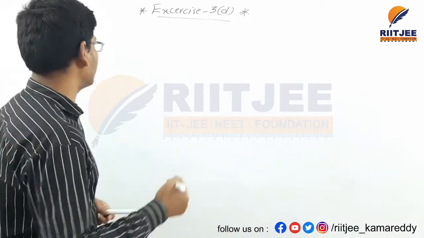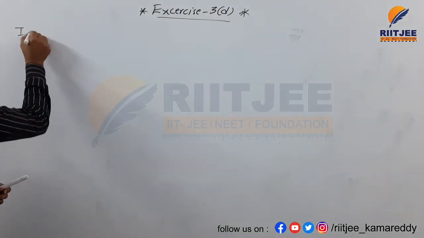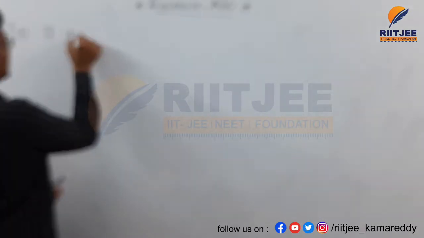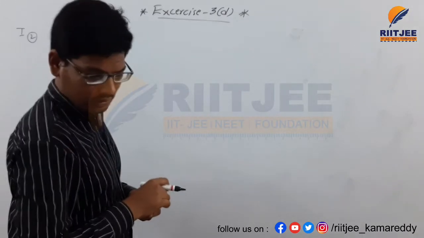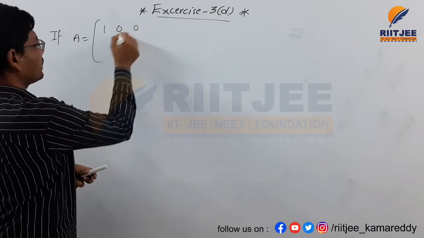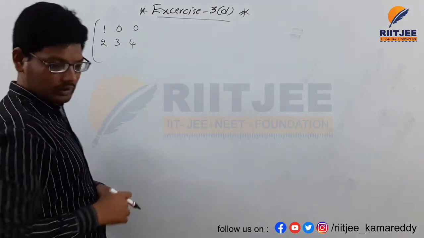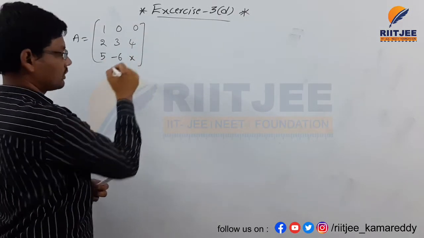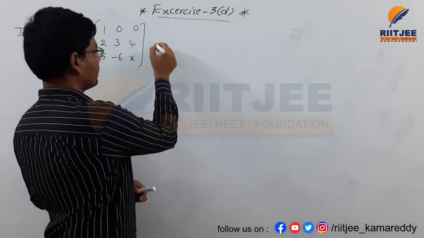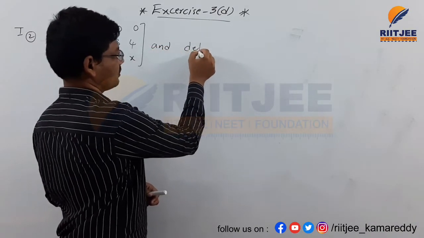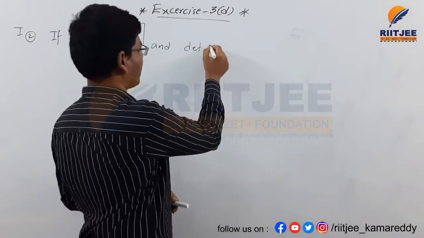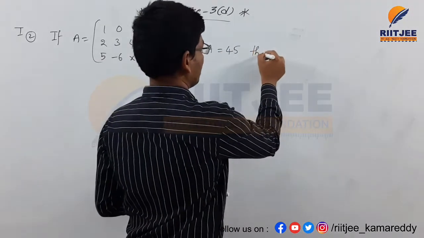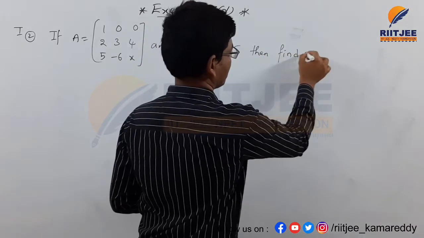And the next question is the first bit second question. If A is the given matrix 1 0 0, 2 3 4 and 5 minus 6 x, and det A is equal to 45, then find x.